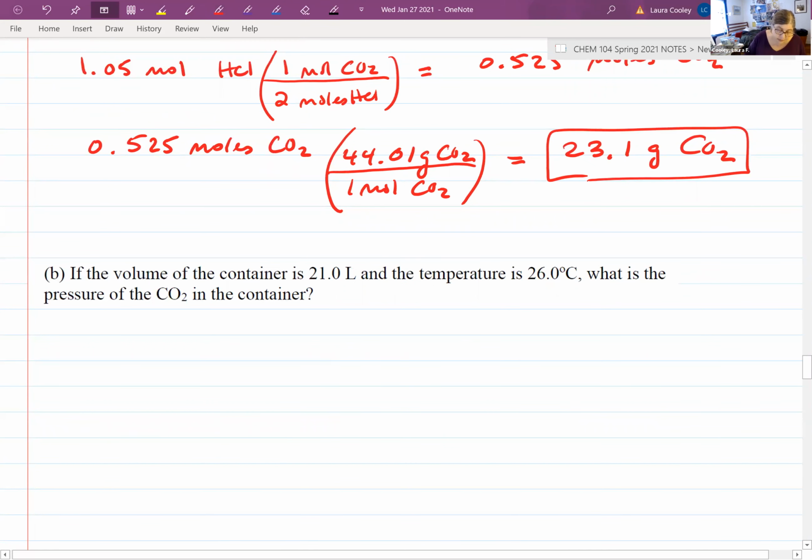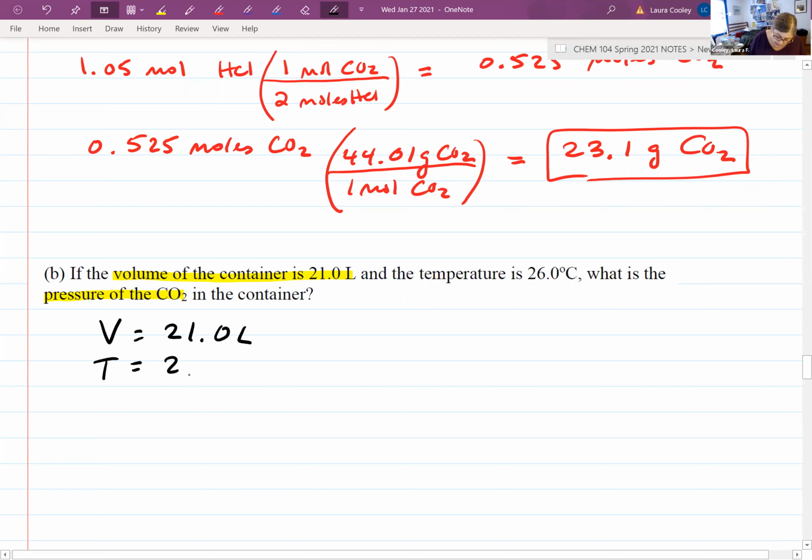But now is a further question here. It says, if the volume of the container is 21 liters and the temperature is 26.0 degrees C, what is the pressure of the CO2 in the container? Okay, so now I'm going to use those things.